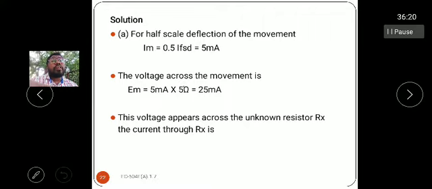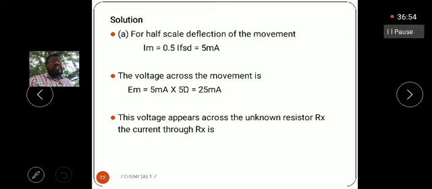The voltage across the movement is Em is equal to 5 milliamps into the internal resistance of 5 ohms, which is equal to 25 millivolts.